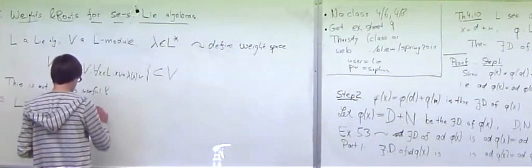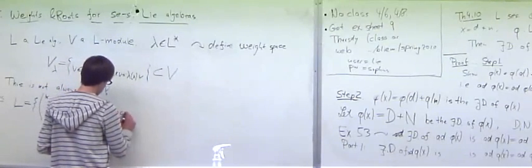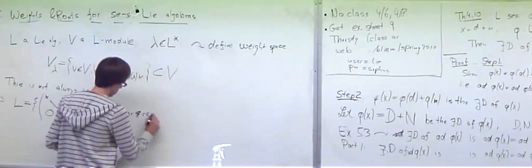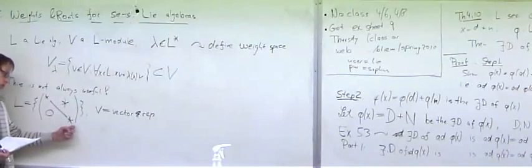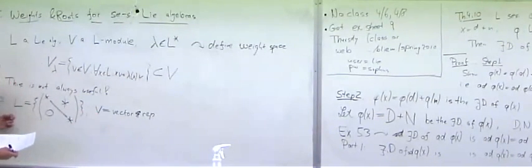And V, the vector representation of this Lie algebra. That means if L consists of n by n matrices, then V is just C to the n, and the Lie algebra acts by matrix vector multiplication.